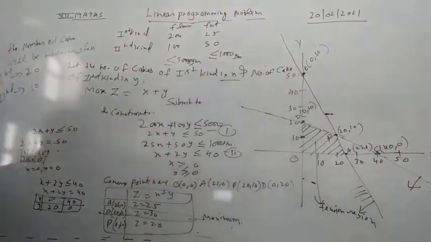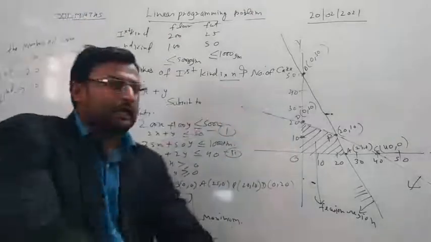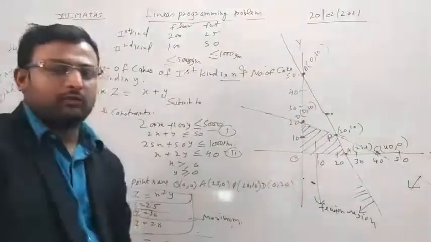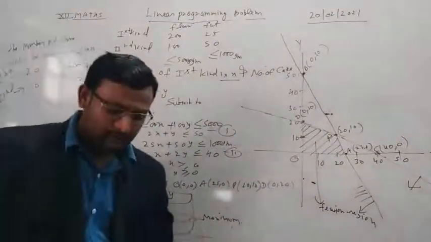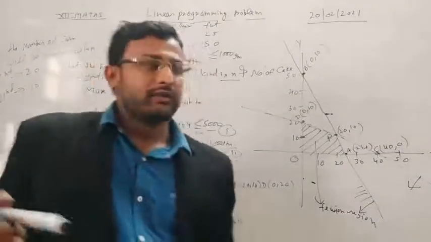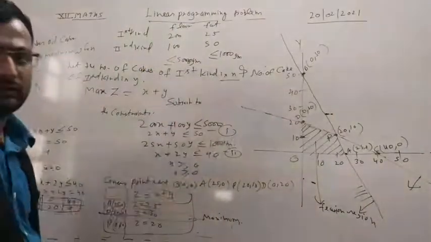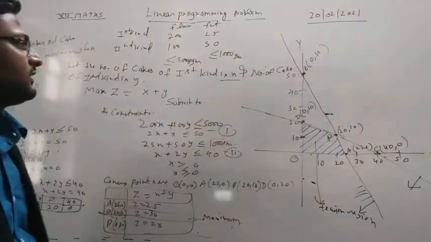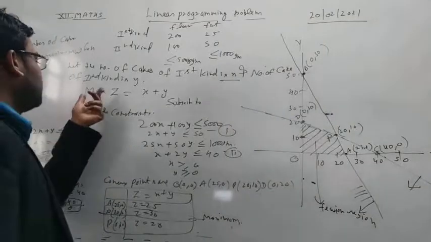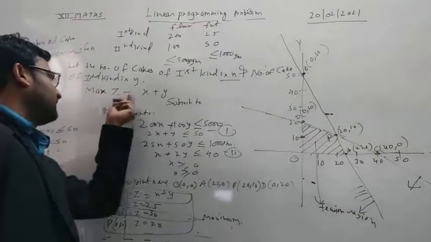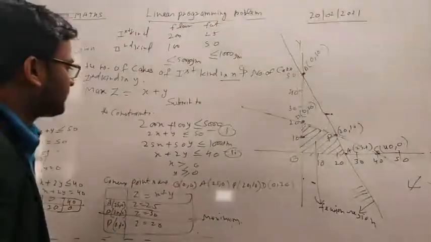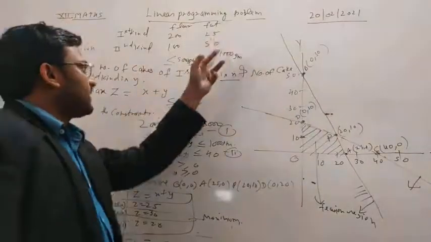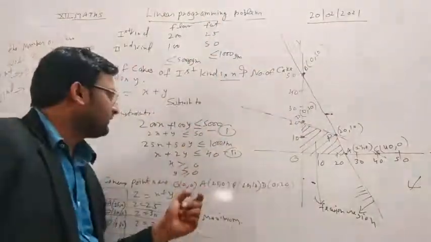So we select the number of cakes of the first kind as X and the number of cakes of the second kind as Y. Maximize Z equal to X plus Y, because we have to find the maximum number of cakes using these materials. Our constraints will be 200X plus 100Y is less than or equal to 5000, and 25X plus 50Y is less than or equal to 1000 gram.